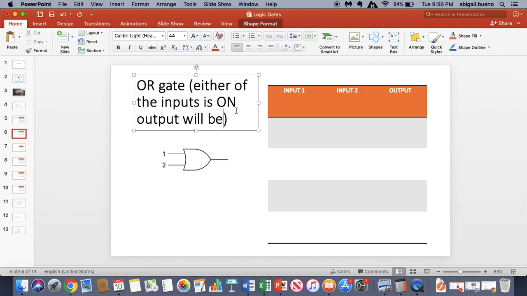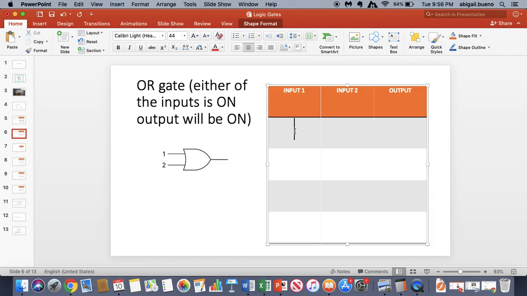So if input 1 is 0, input 2 is 0, output is 0 because neither of the two inputs are on.